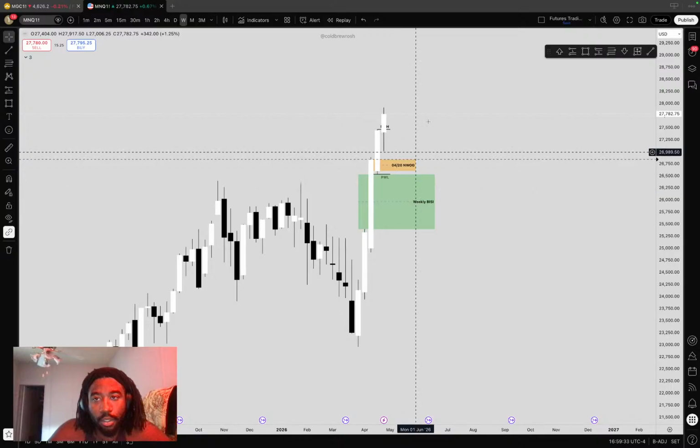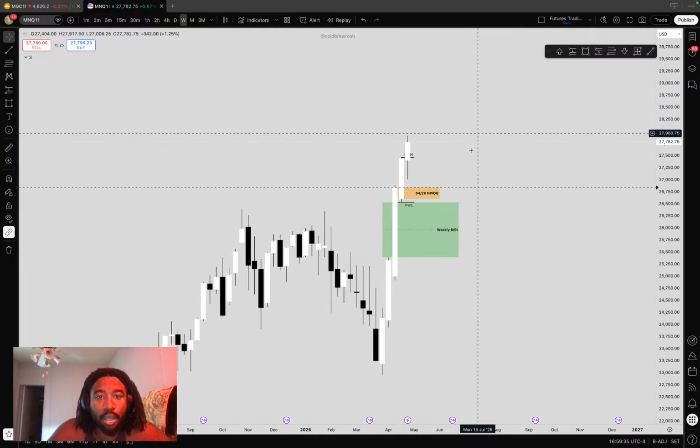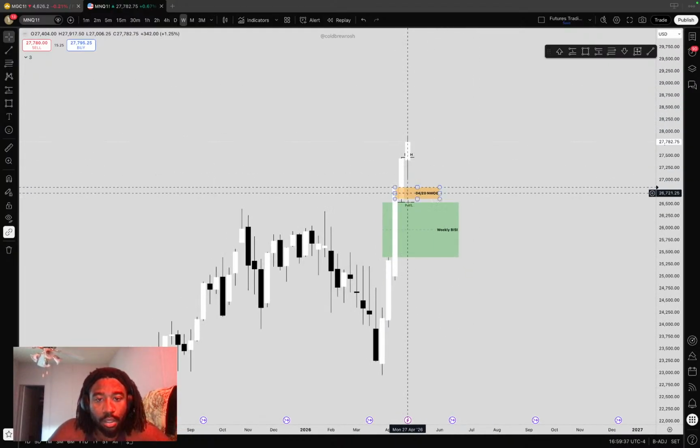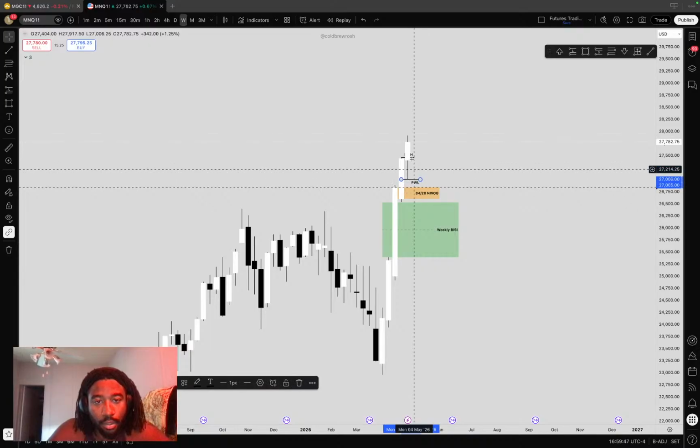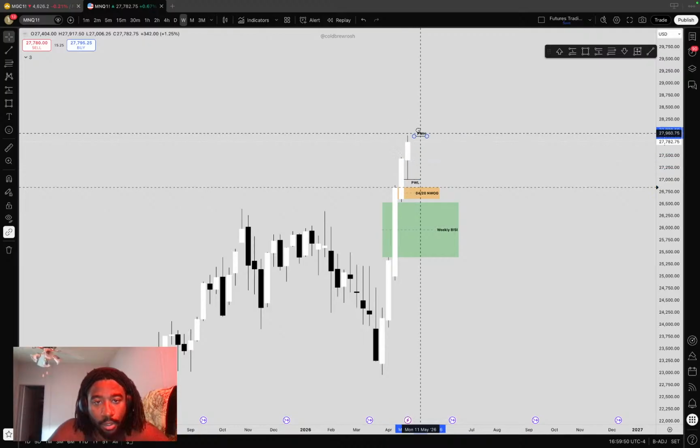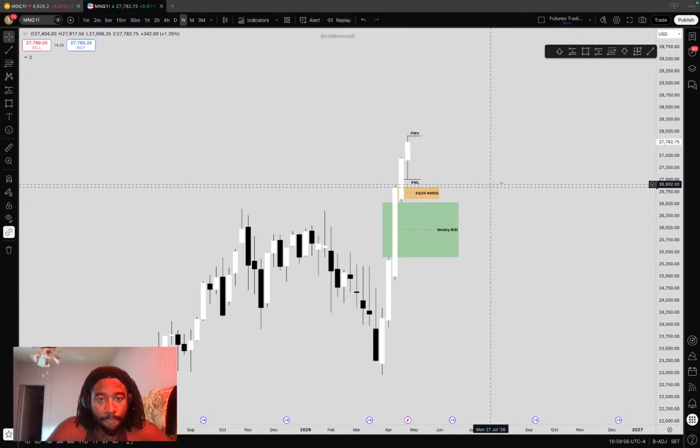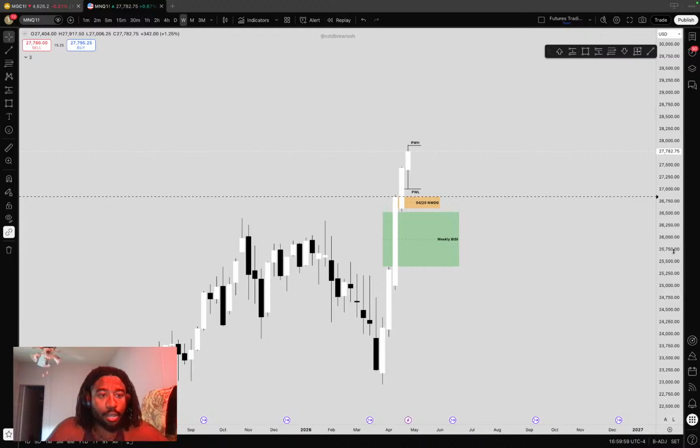If you were looking at Nasdaq futures, I would obviously label previous week low and previous week high. Set your alert for the previous week low. Label the current new week opening gap when the market opens, and see how it trades there.